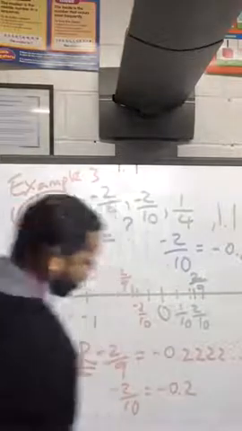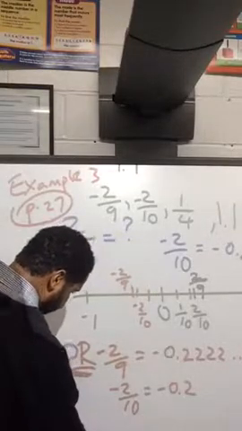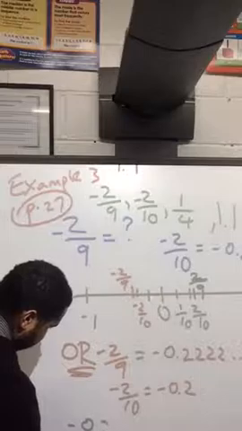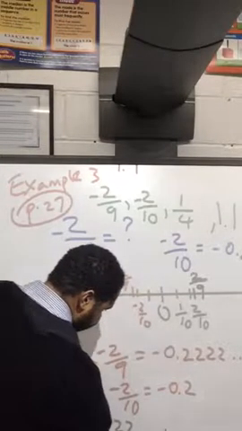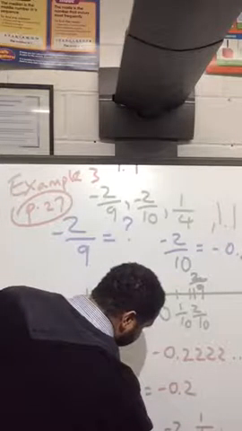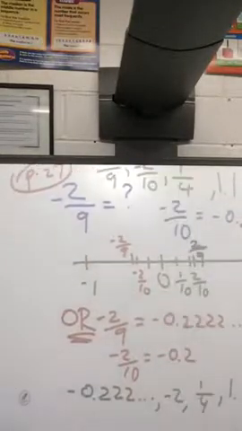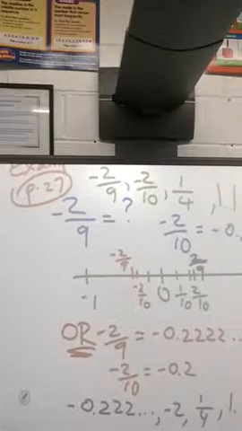All right, hats off to the book. So that's more negative. So the order in this case is: -0.222 and so on will come first, then -0.2, then 1/4, and then 1.1. Got it? So, 2 different ways, same problem.